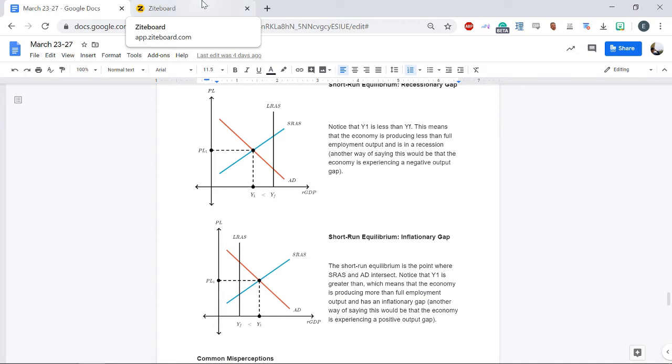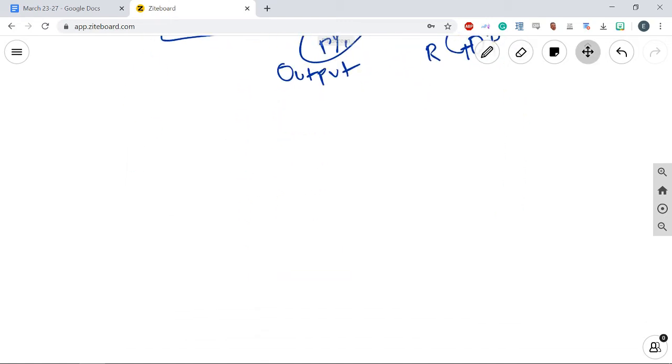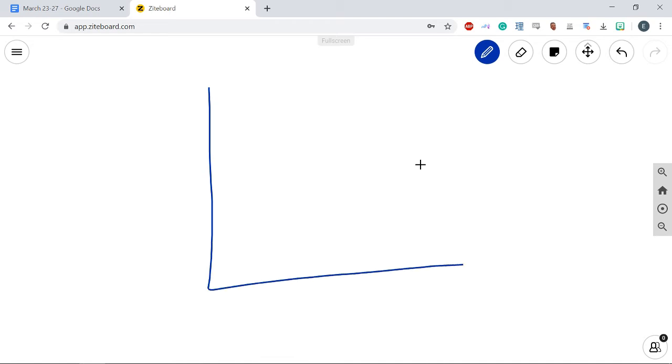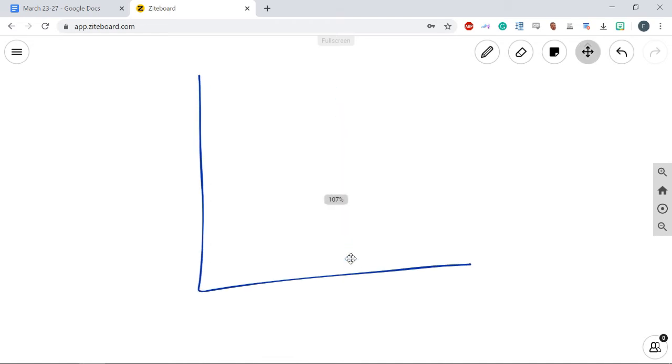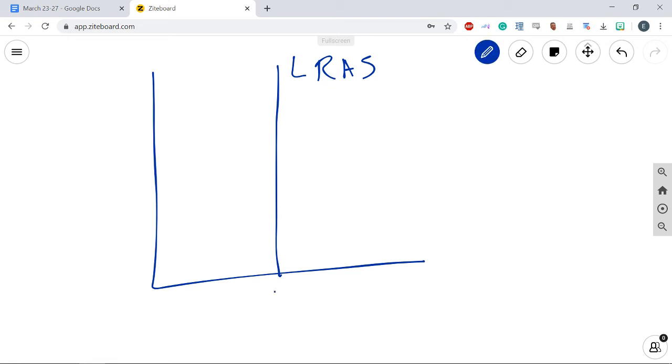So for example, let's give you some numbers to go off of. So the long run aggregate supply is operating at full employment.